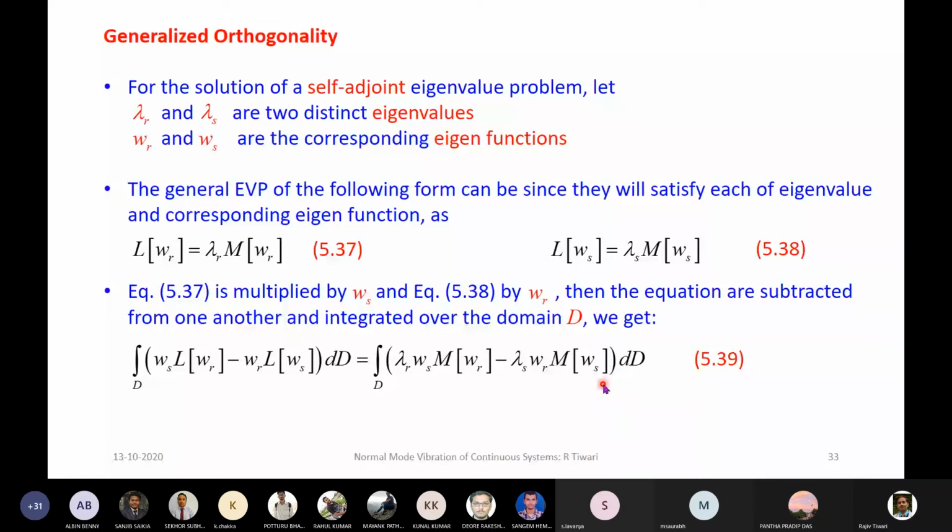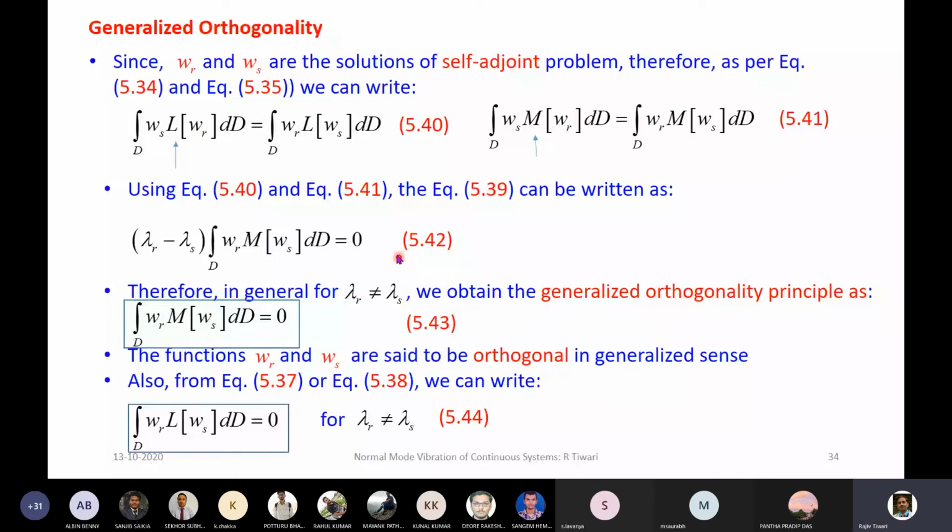Now we'll see this self-adjointness property, what it says. If WR and WS, as we have seen earlier when we took U and V, now we have WS and WR.